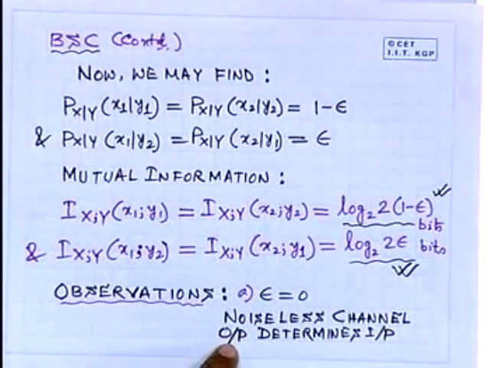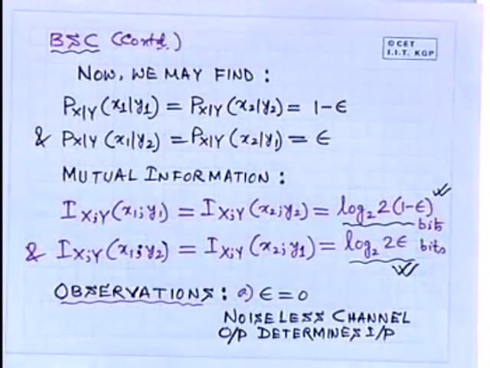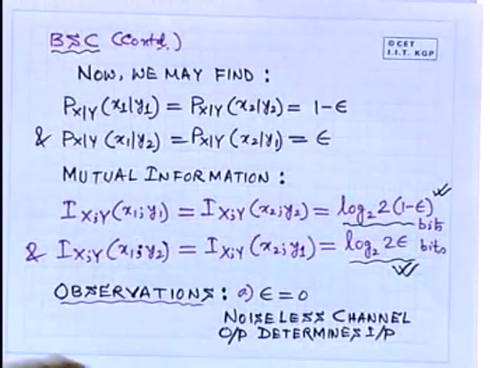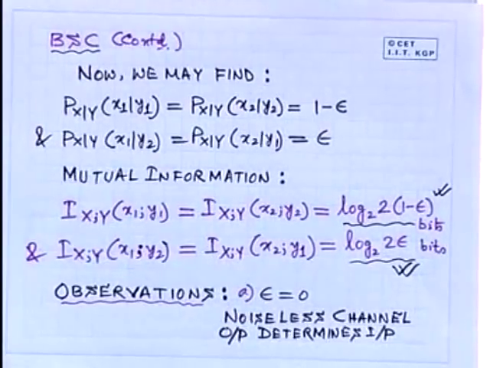Though I wrote earlier that epsilon should be a very small quantity, consider certain extremities like epsilon equal to 0. Can you give a name to this binary symmetric channel? Ideal channel. Epsilon is 0.